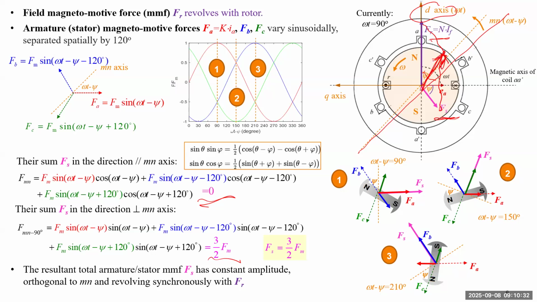This will be the magnetomotive force inside of the generator, and that can tell how much voltage is induced. That will be induced together based on the rotor winding and also armature winding. Okay, so that's it. We only want to get this conclusion: there's a constant magnitude and direction always pointing perpendicular to that axis, the d-axis.